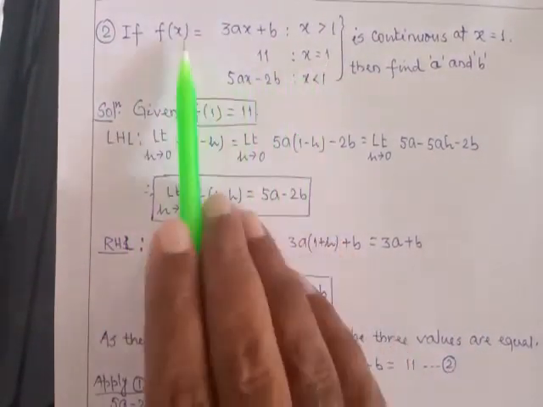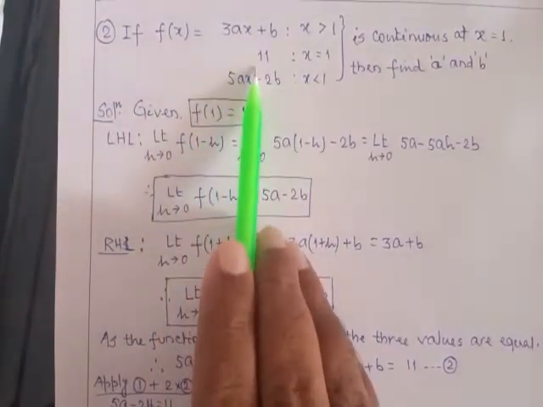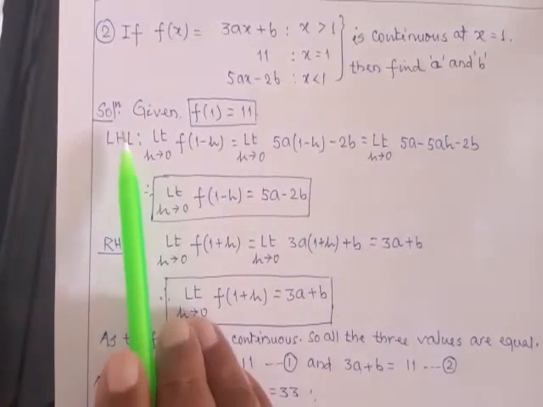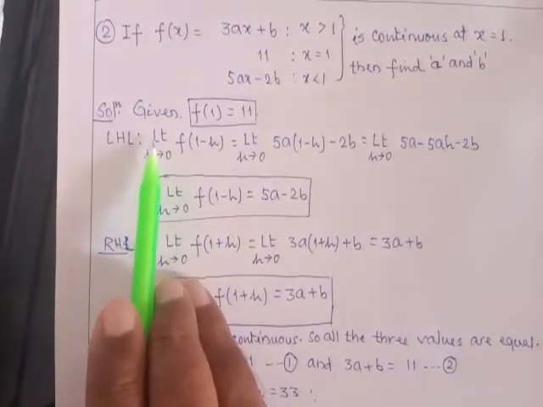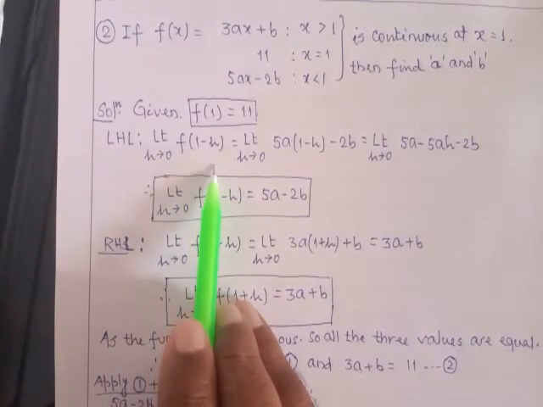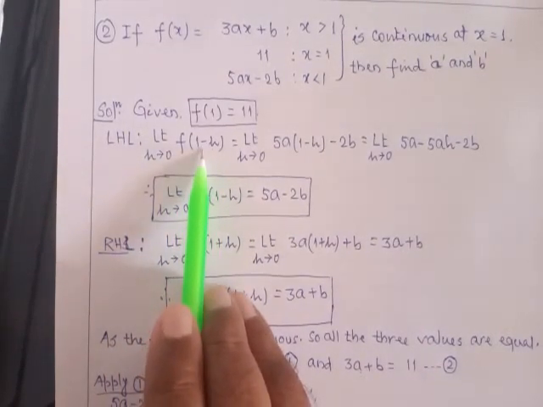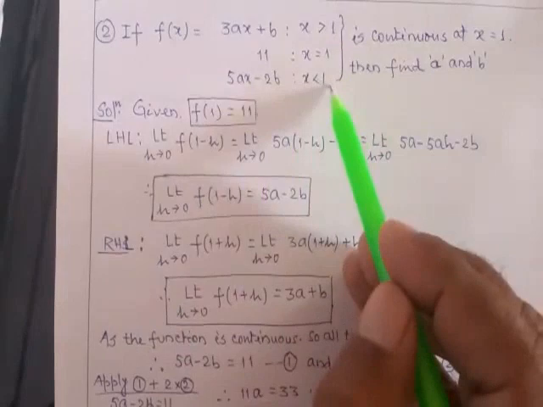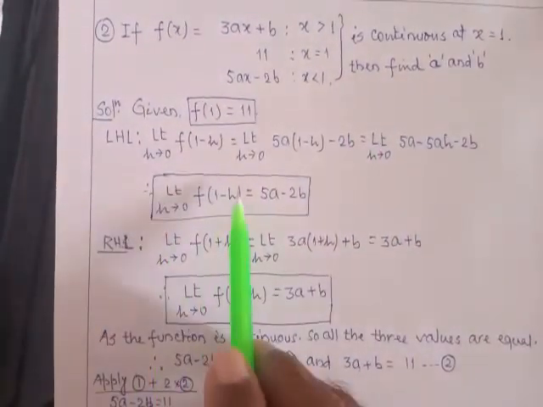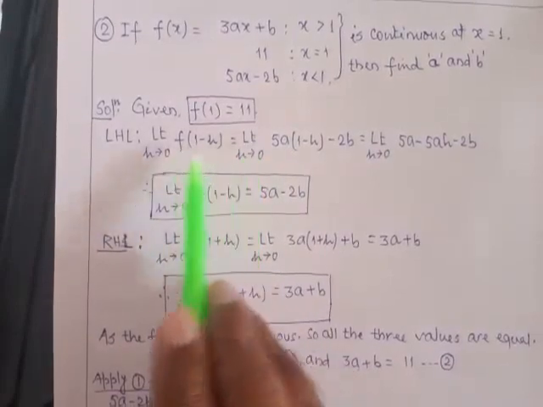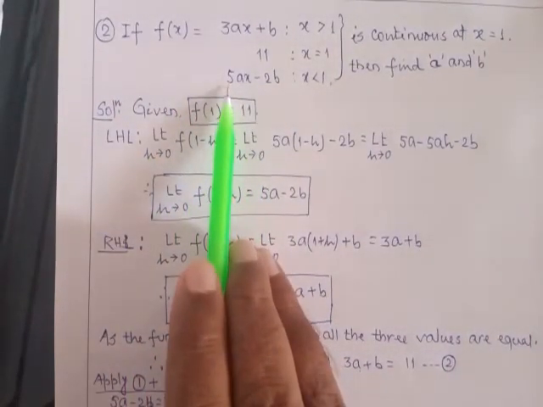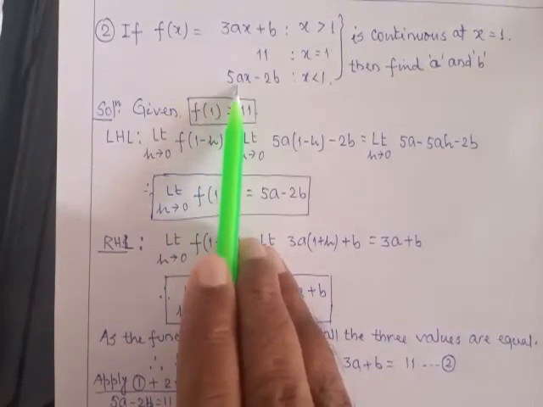Then calculate the left hand limit, meaning the limit h tending to 0 of f(1 minus h). 1 minus h is less than 1, so we use the third one because here x is less than 1. So for f(1 minus h), replace x by 1 minus h in the third condition. So it should be 5a into (1 minus h) minus 2b when h tends to 0.